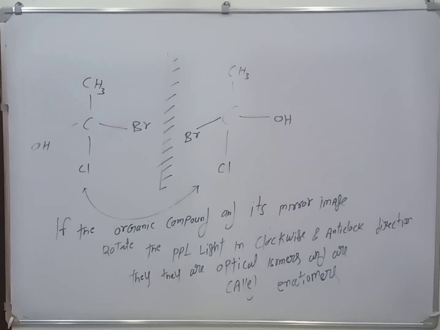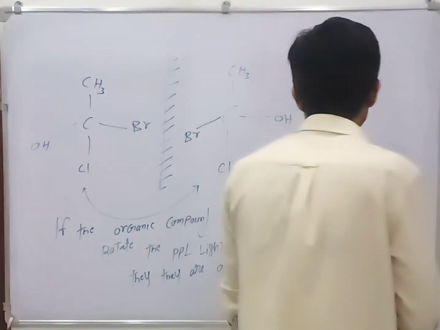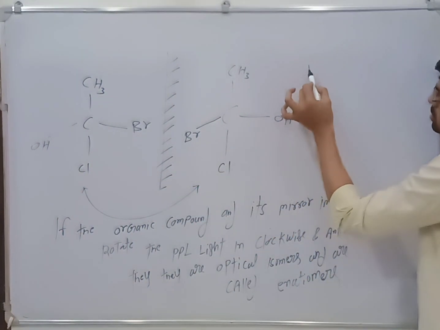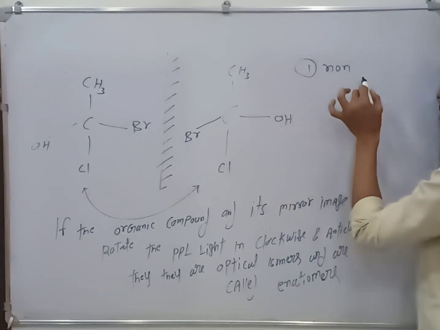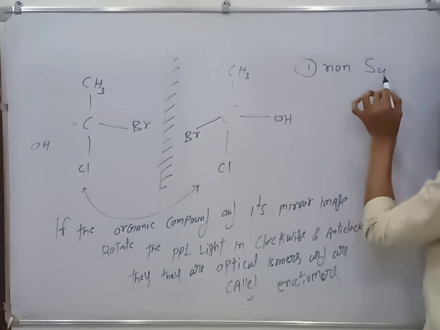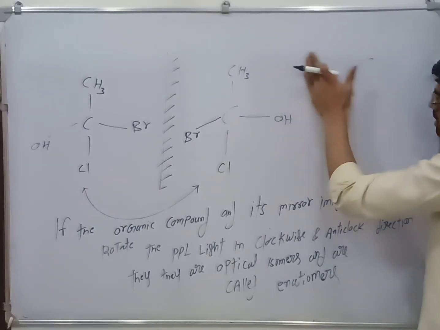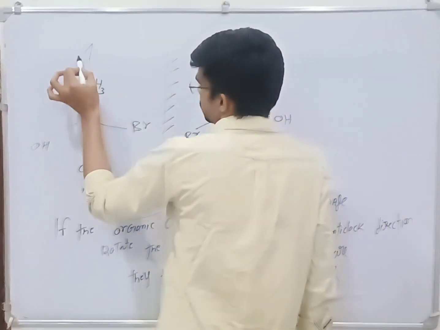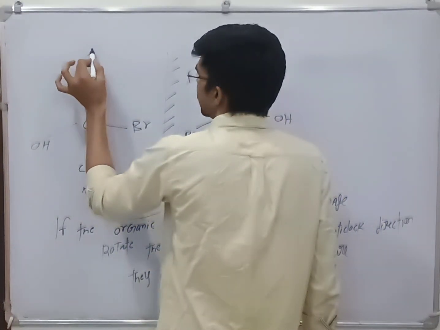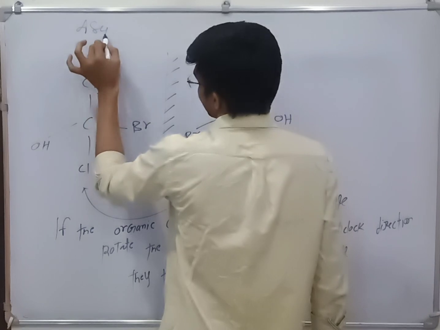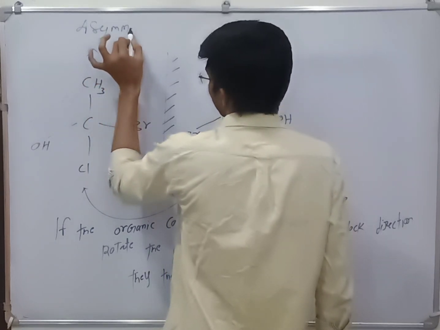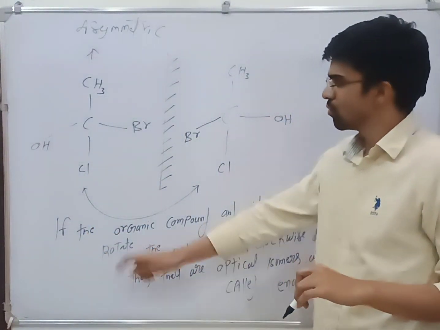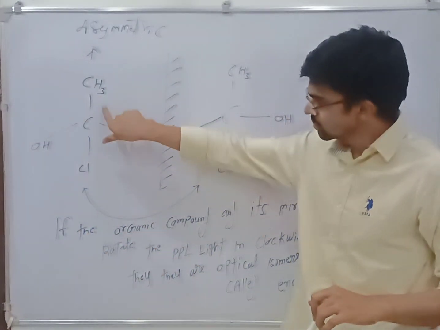Okay. So one more thing you have to understand, that the mirror image of the optical compound should be non-superimposable. That is, the carbon compound should have an asymmetric structure. The carbon should be asymmetric. Means the carbon should be attached to four different kinds of elements.